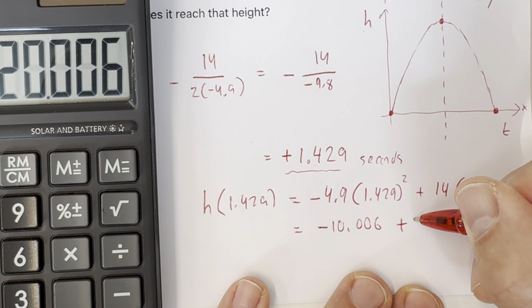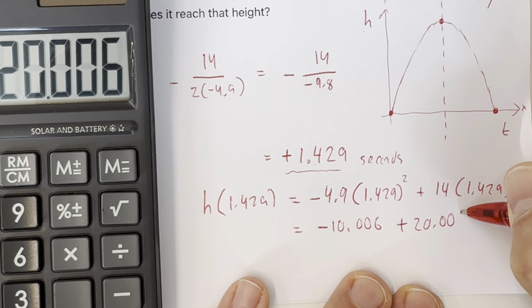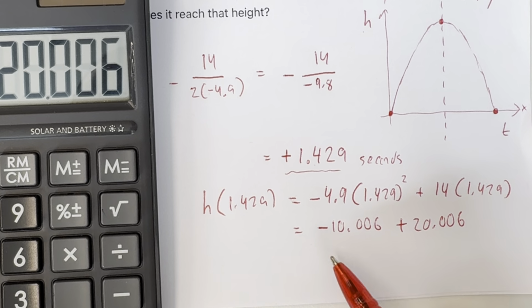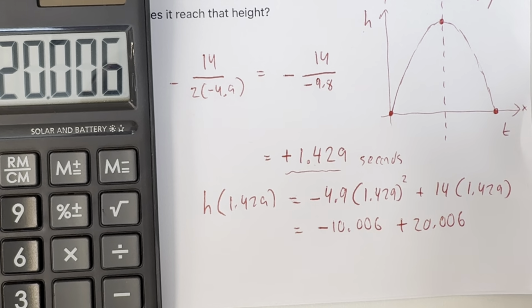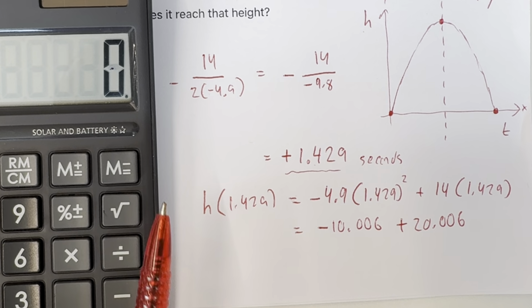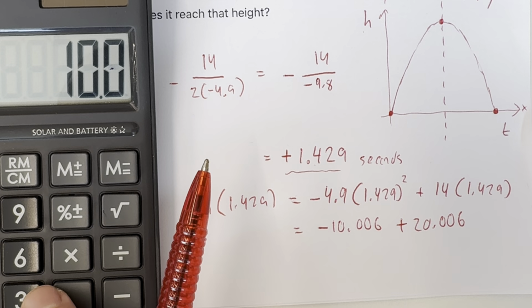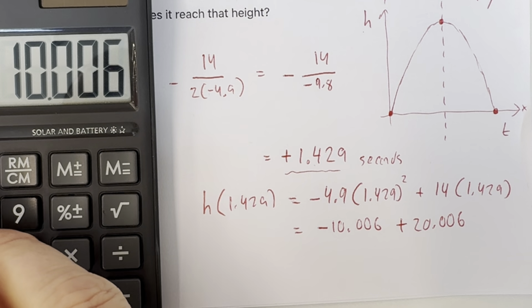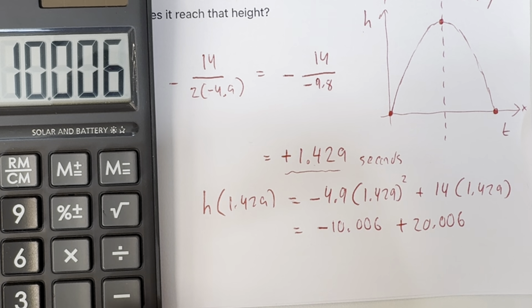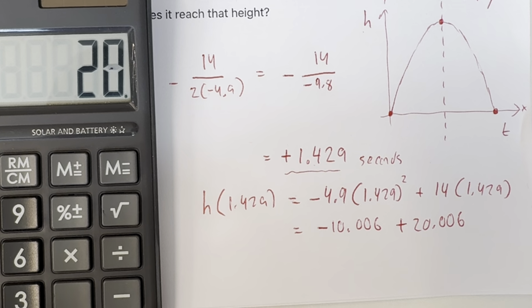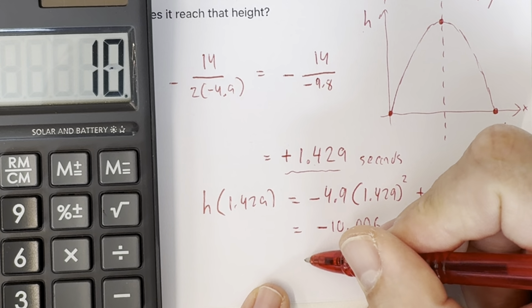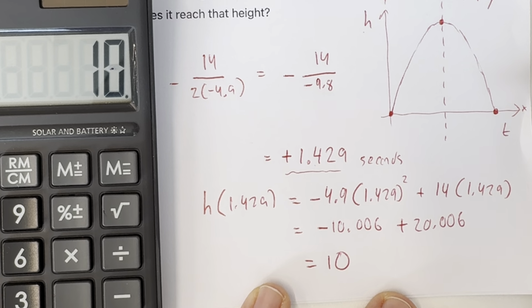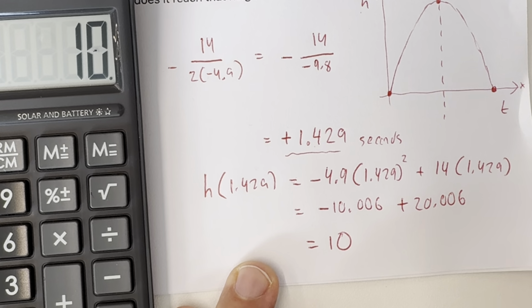And I get 20.006. Okay, so now I'll just do this math one more time. Here we go. Negative 10.006 plus 20.006. Ta-da! It's a 10! Huzzah! So the height is 10 meters.